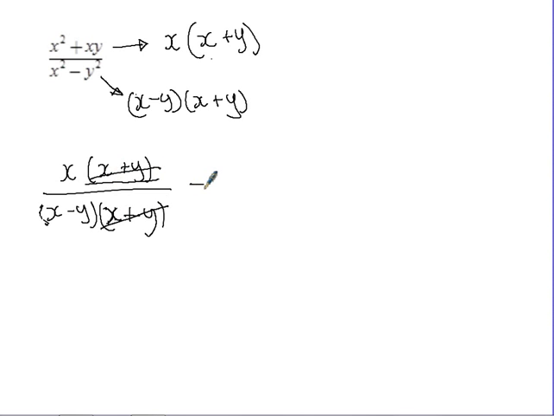Your final answer should be x over x minus y. So again, it's all about factoring. We want to factor the numerator and the denominator. In these situations, we normally see a common factor revealed, and then we can cancel that. And in this situation, we're left with x over x minus y.